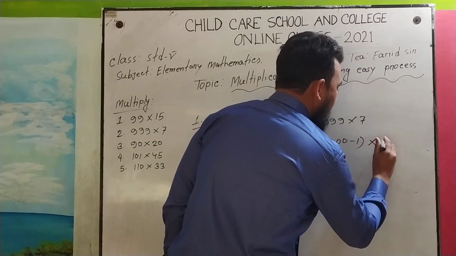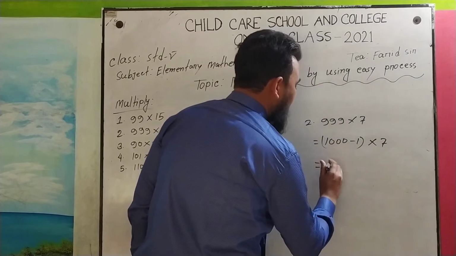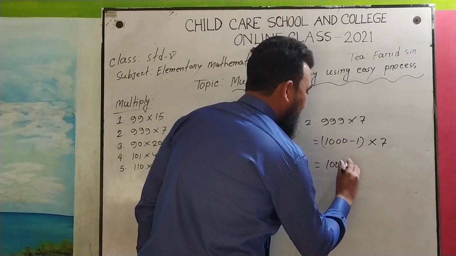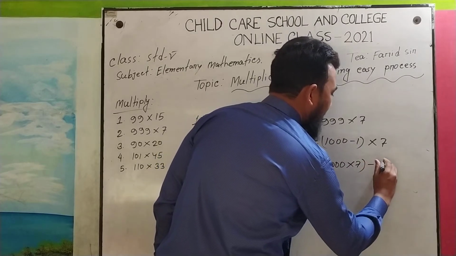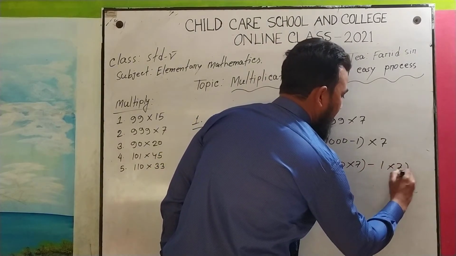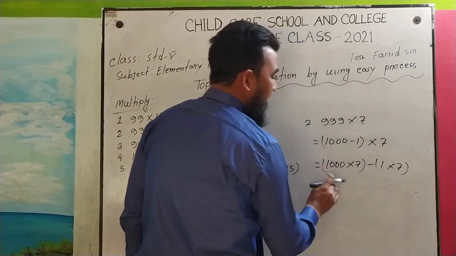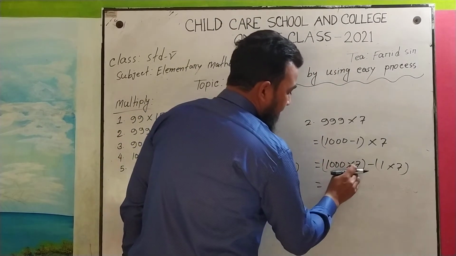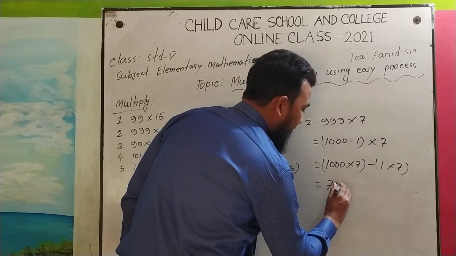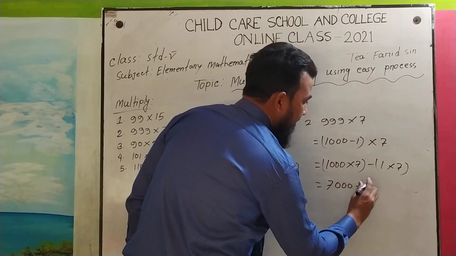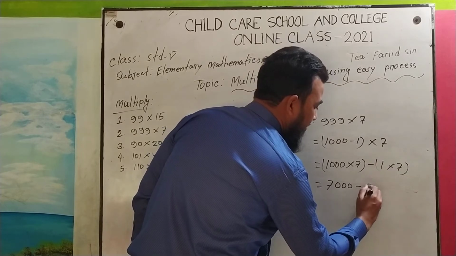Now multiplied by 7. In the same way, 1000 multiplied by 7 minus 1 multiplied by 7. Now easy: 7 multiplied by 1 will be 7.